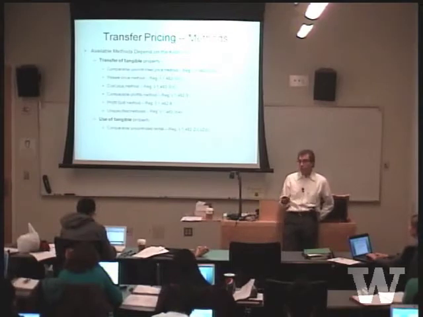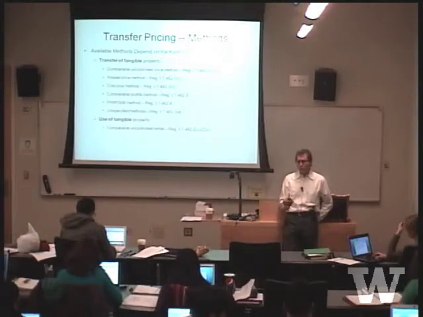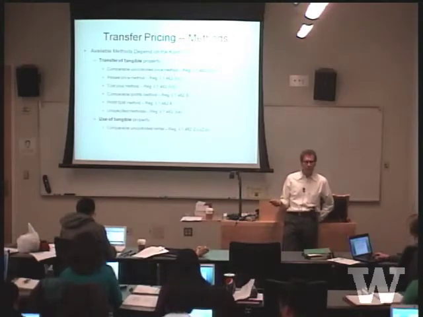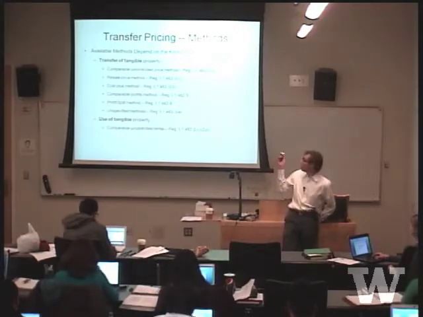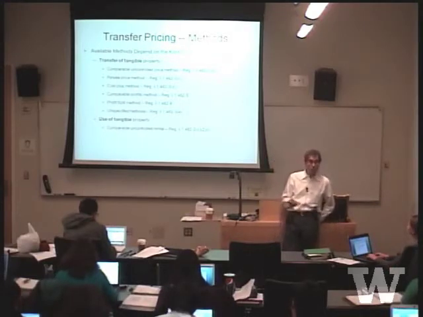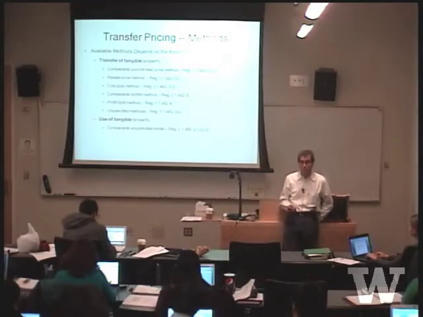Now, of course, it makes sense economically that certain methods are allowed for certain types of income because, for example, you don't normally have a resale in the context of pricing a service. So later, when we see a slide that says services, we'll see a different listing of methods.